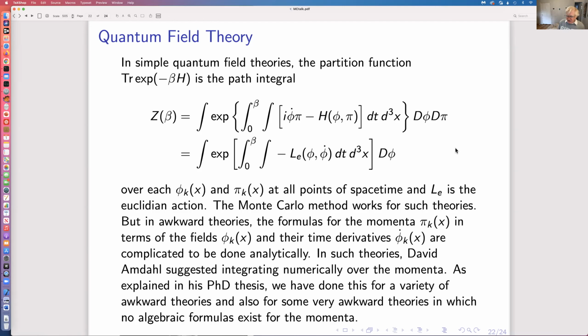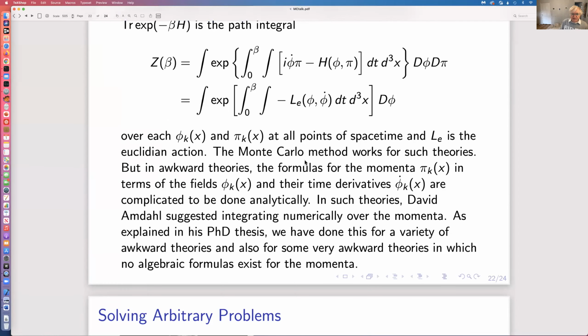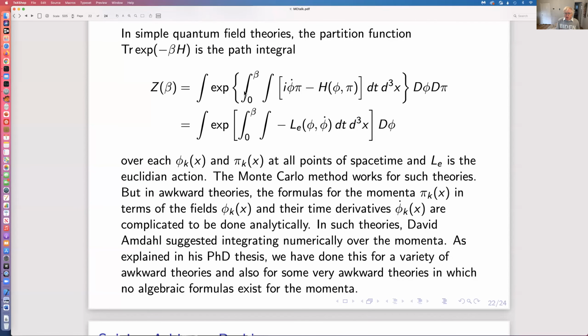So you can do the Gaussian integral over pi with your fingers, and you wind up with an integral just over phi. And the integrand then is an exponential of something called the Euclidean action L sub e. And the Metropolis method then works very well for theories like this.